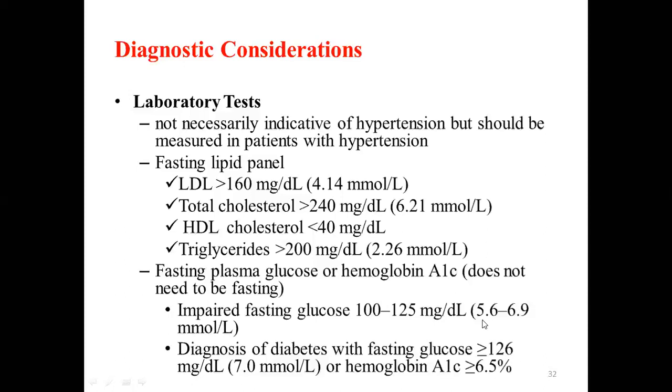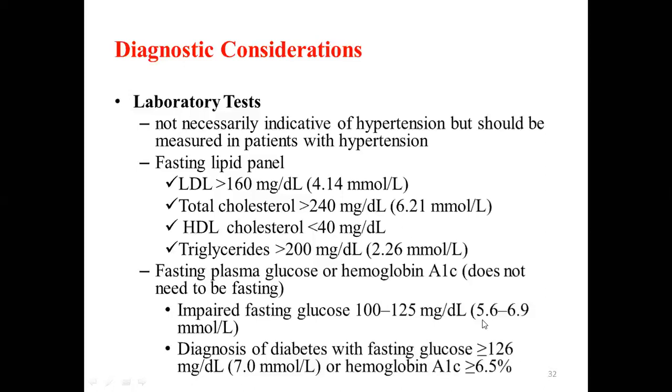If the fasting blood sugar level is above 7 millimole, we can say the patient has diabetes, or the sugar level is very high, but it should be in line with the clinical features of DM.